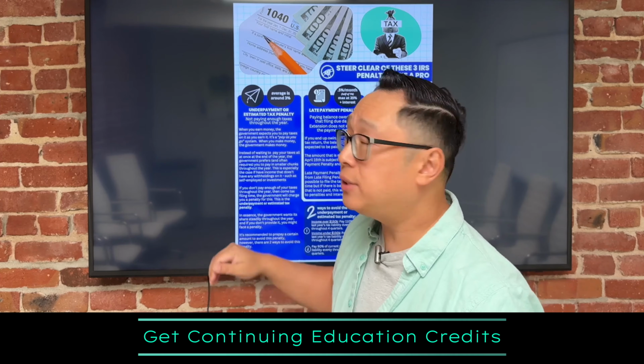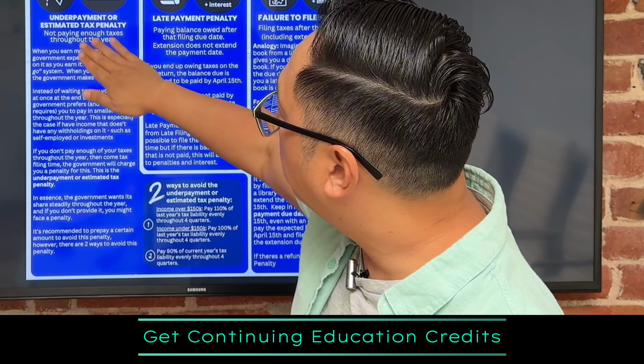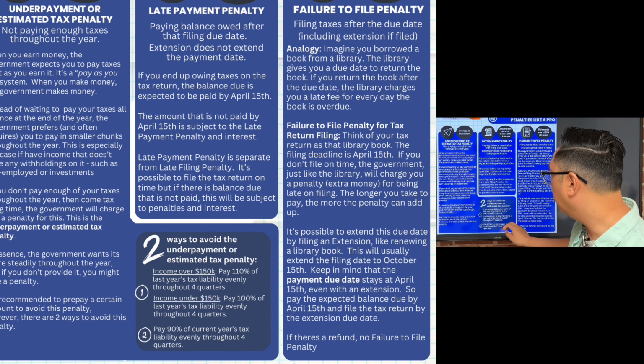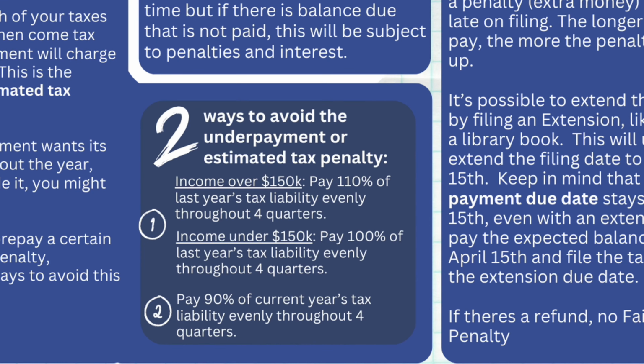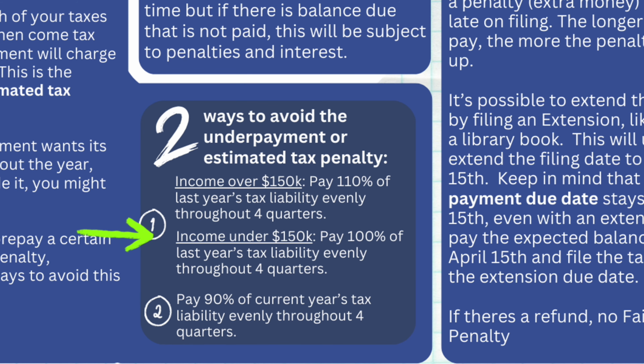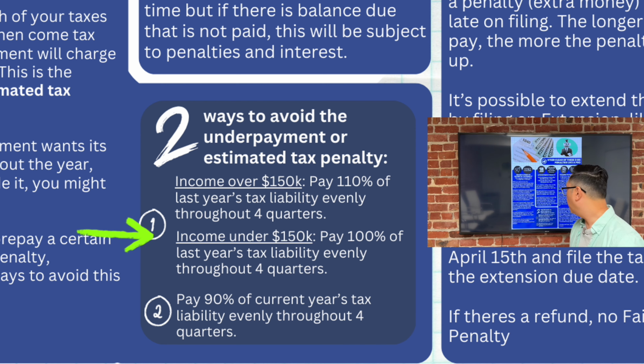And with this visual, not only does it explain what the penalty is, but also ways to avoid the penalty. The first way, depending on what your income is, is using last year's tax liability numbers. If the income is under $150,000, you take last year's tax liability, divide that by 4, and that's what you're expected to pay every single quarter.